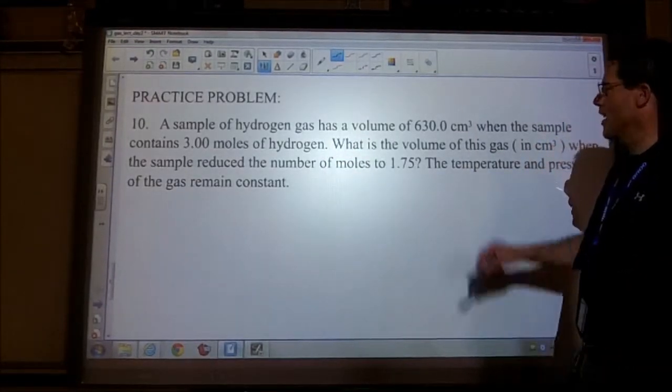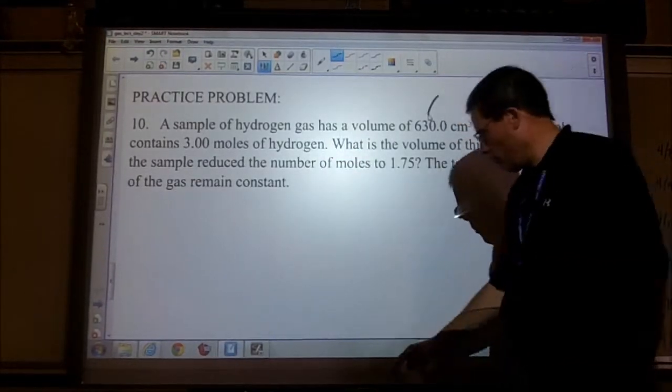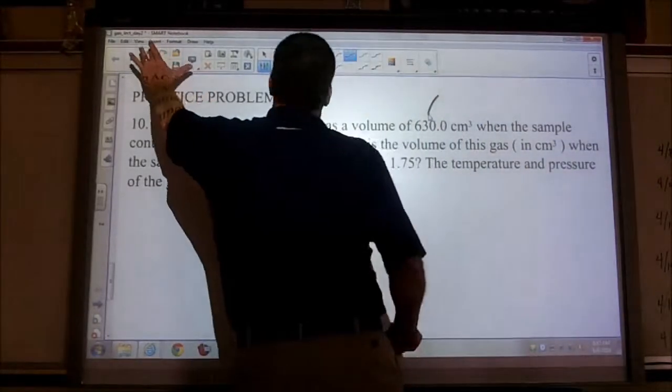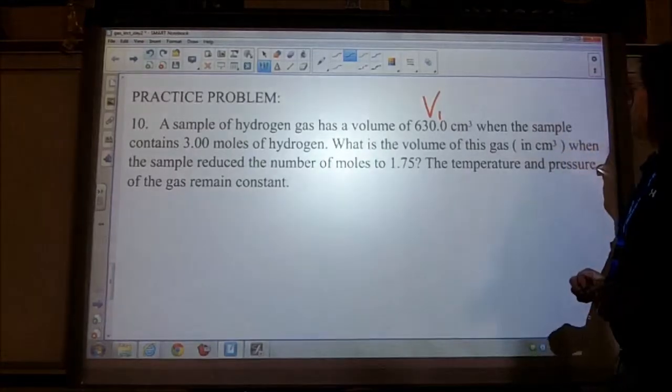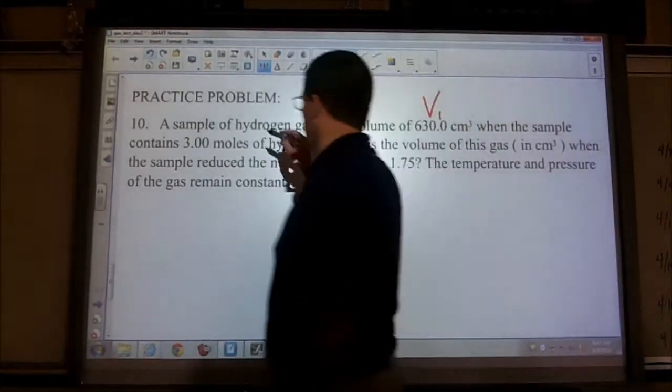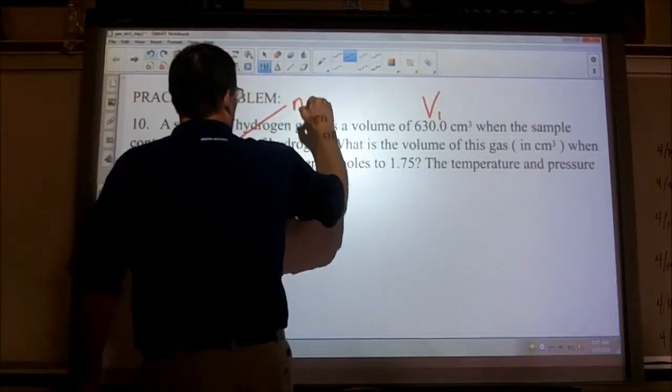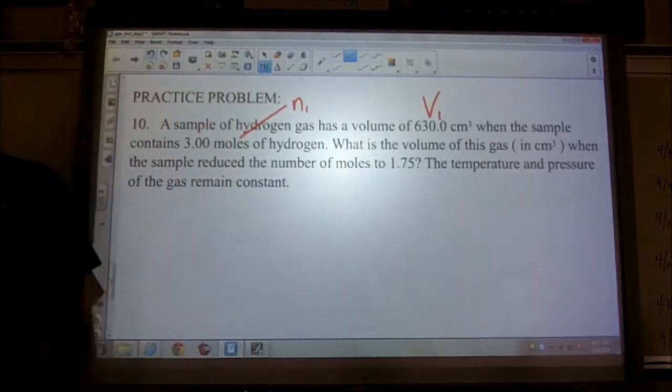A sample of hydrogen gas has a volume of 630 centimeters cubed. When the same sample contains 3 moles, that would be N1. Now again, remember, have we talked about number of moles? N. Okay.